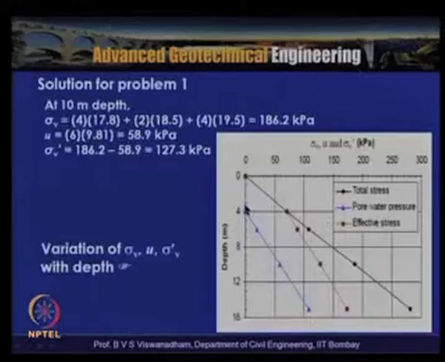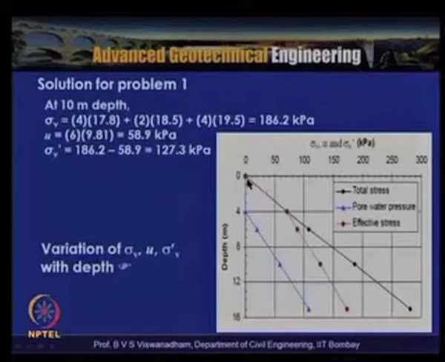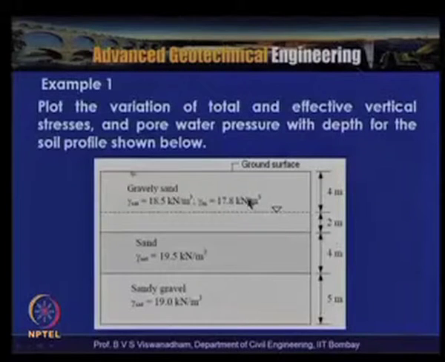Let us see this particular variation, which shows the total stress here. You can see that, let us say at the point 10 meters, we need to find out sigma v. Sigma v is nothing but 4 into 17.8. 17.8 is the bulk unit weight of the soil, because here it is partially saturated.